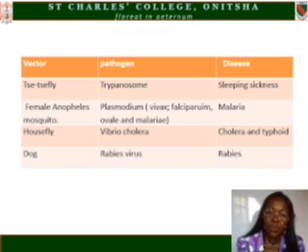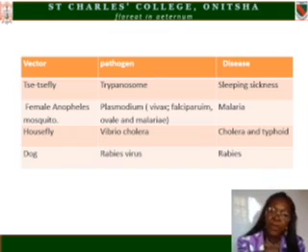This is just a few out of many according to the scheme of work. Tsetse fly, the pathogen is trypanosome, and the trypanosome causes a disease condition known as sleeping sickness.